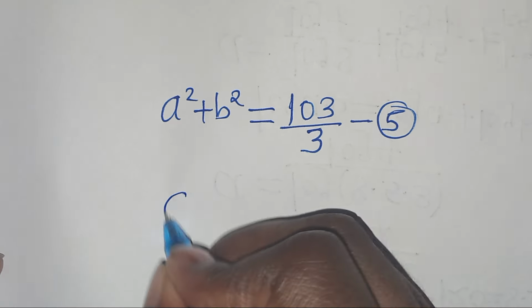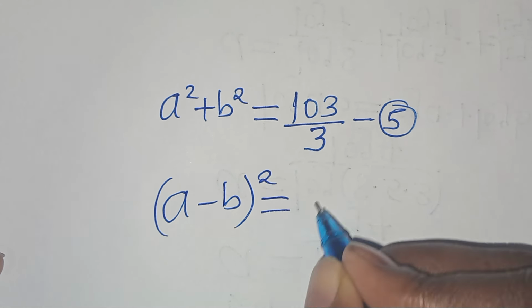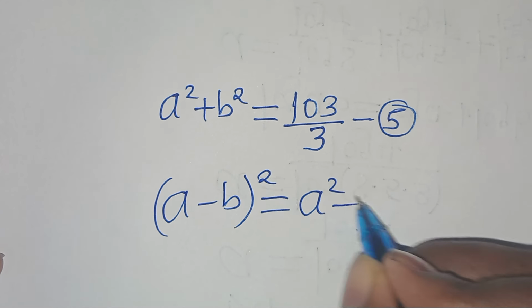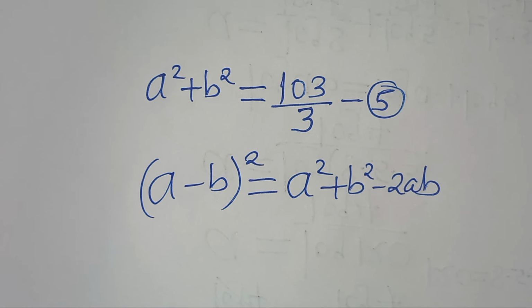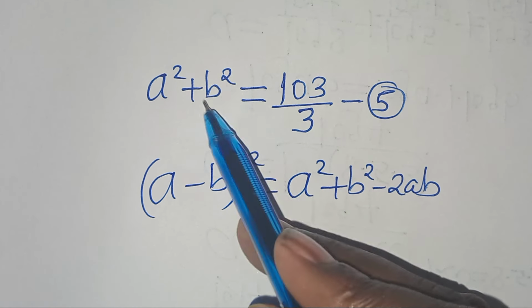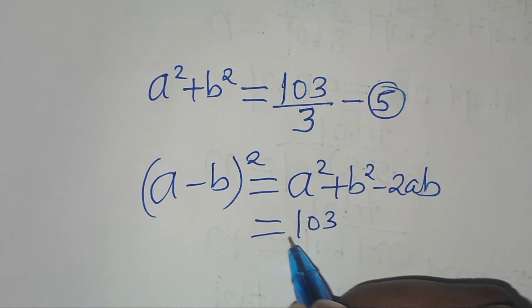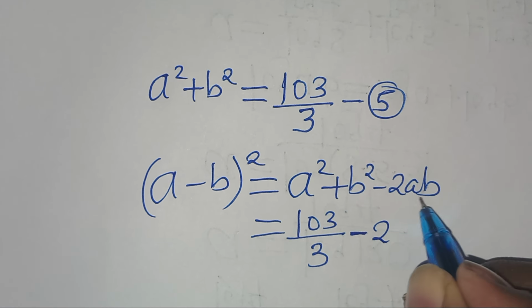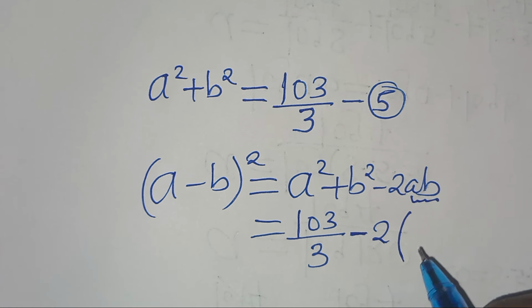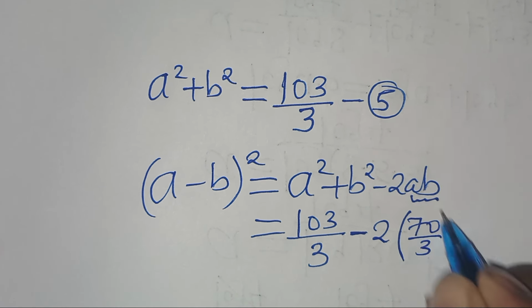Now we have that (a minus b) raised to the power of 2 is the same thing as a squared plus b squared minus 2ab. Now a squared plus b squared is the same thing as 103 over 3. Then subtract 2 times a times b. A times b is what we have in equation 4, which is 70 over 3.